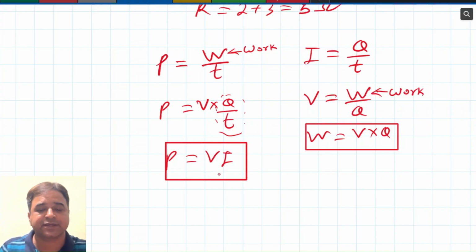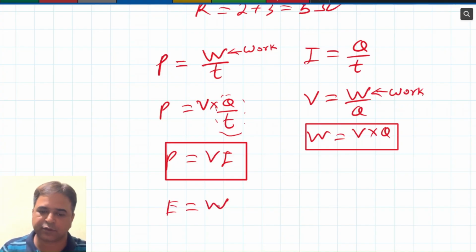Other than this, you know that work and energy are interchangeable. Why so? Because how do we define energy? Energy is nothing but the ability to do work.